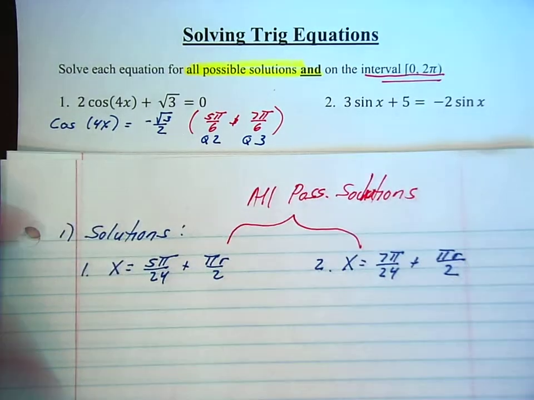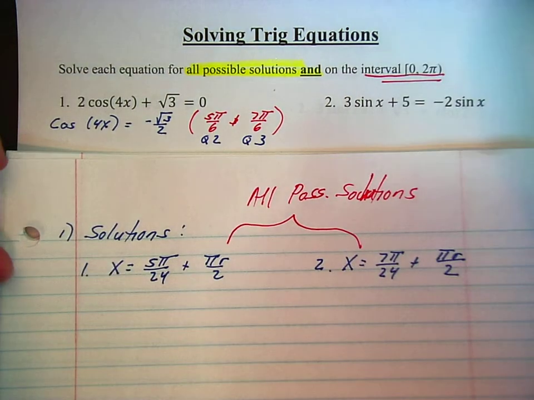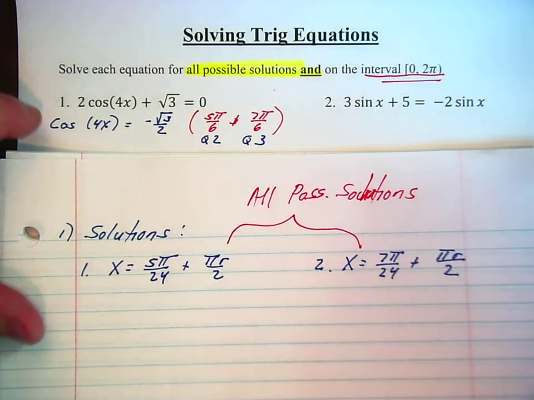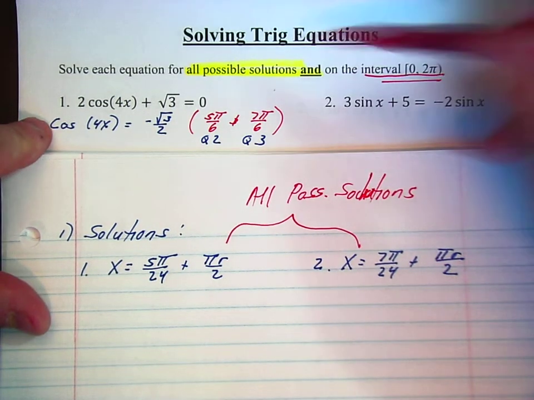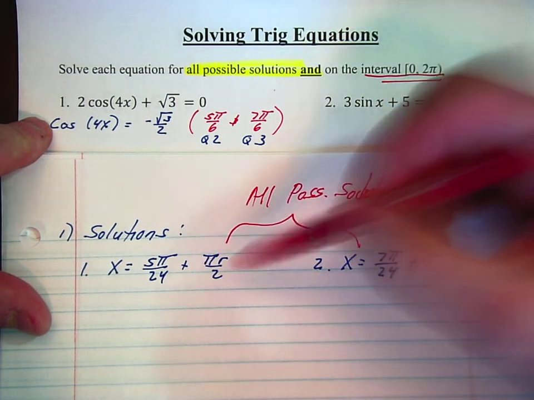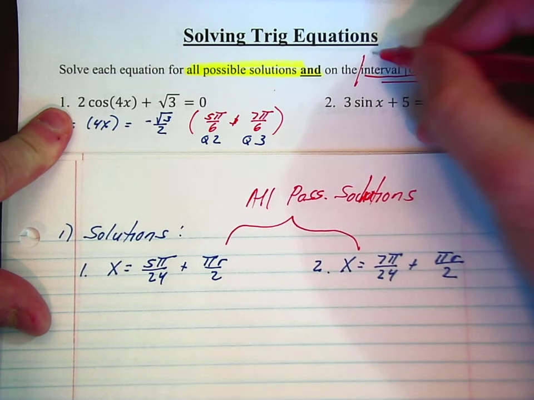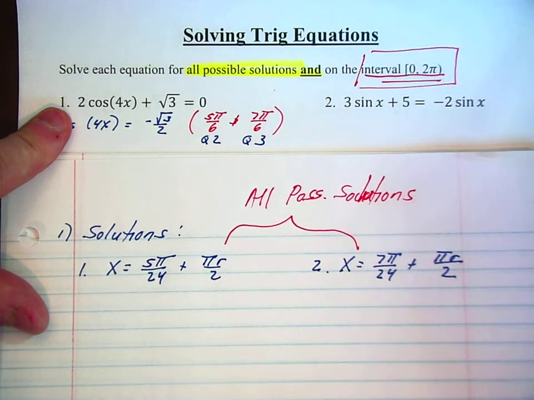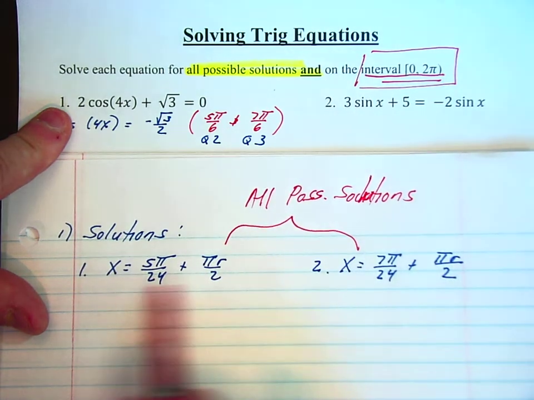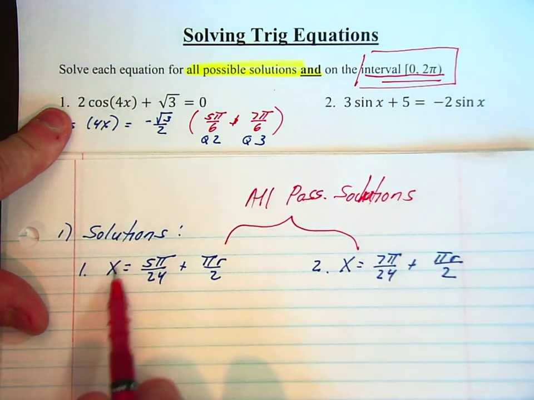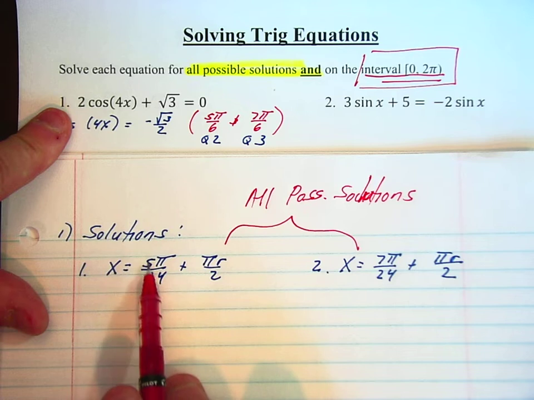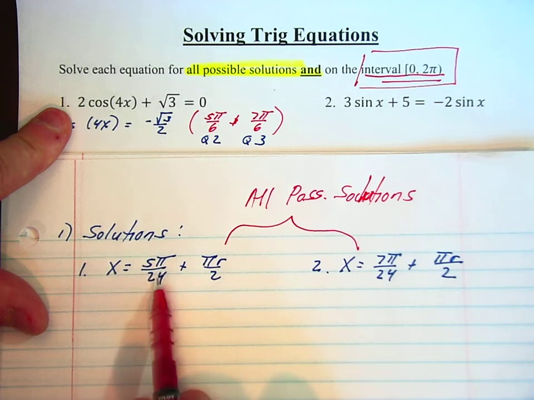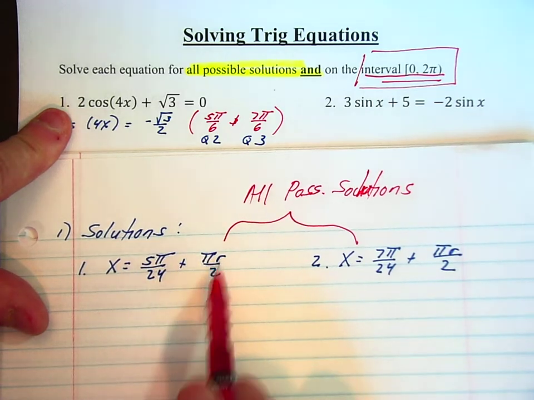Okay, so what we're going to do now is find the second part of the answer. Because it asked you to find that, great, we did that, but I also want you to find the answers on the interval of 0 to 2 pi. What's going on here, guys, is this represents an infinite amount of answers. This is saying that your answers for x are 5 pi over 24 plus pi r over 2.